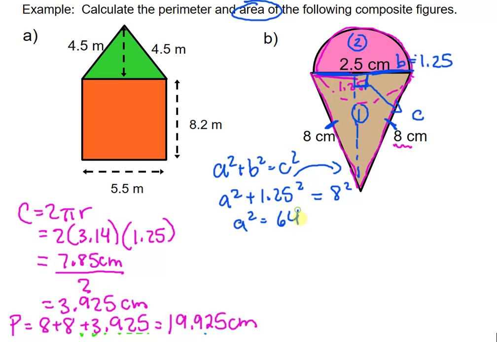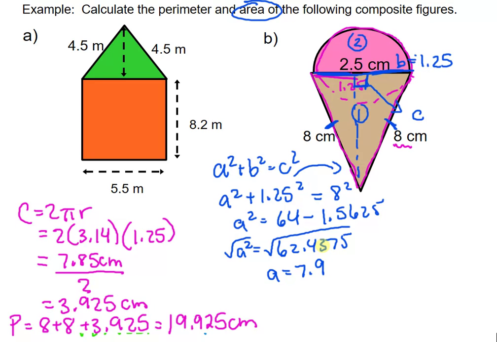We have 64 minus 1.25 squared, which is 1.5625. Okay, when we subtract these, I get 62.4375, and then we want to root it. Okay, I get A equals 7.9. Okay, so A equals 7.9.